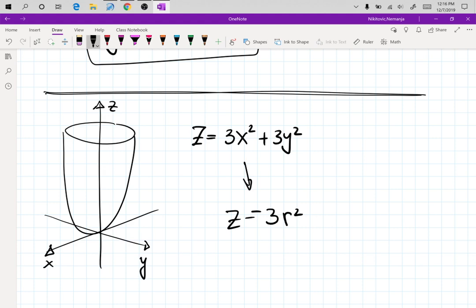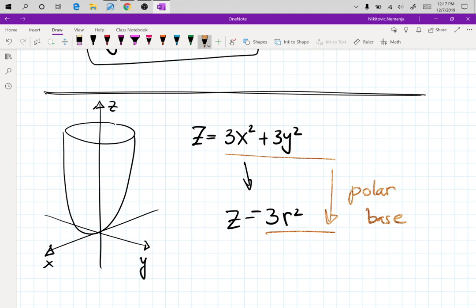When you factor out 3, you get x squared plus y squared, and that's going to be the polar base. And then when you add z to it, you get what we call cylindrical coordinates. Your ability to convert between the systems is going to be very important in Calc 3. So this one is just that you know the conversion for a circle, because it is a circular base.